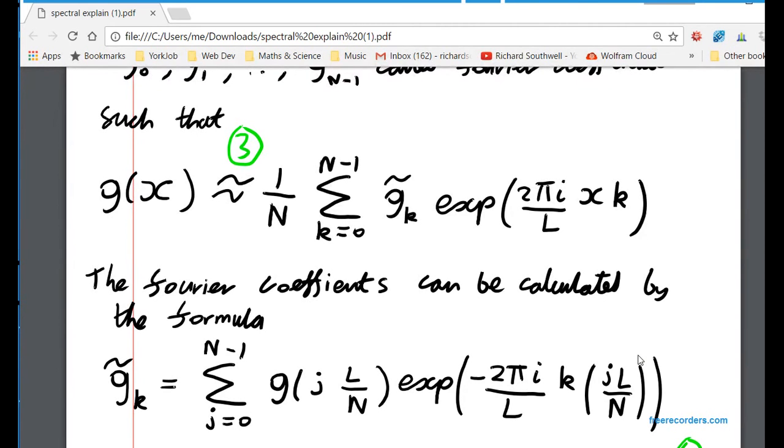These complex exponentials have wave numbers which are increasing with the sum.